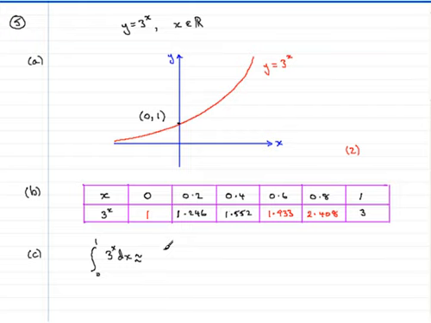There we go. It's approximately the width of each interval, so you can see from the table it goes up in 0.2 widths, so our width will be 0.2, and then it's the width divided by 2, half the width of a strip.